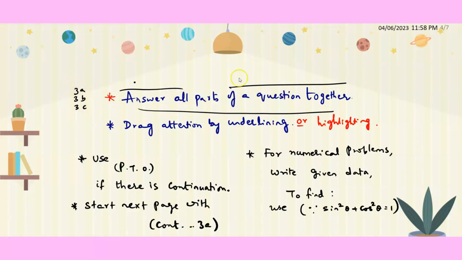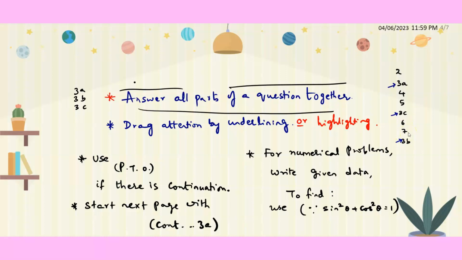Some of the students write some second answer here, then they write 3a, in between they will write 4, 5, then come back to 3c, then write 6, 7, and finally write 3b. This is a very bad thing for the correction. 3a is here and 3c is somewhere in the middle of some other answers and 3b somewhere else.